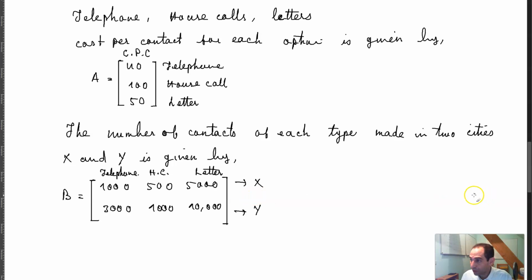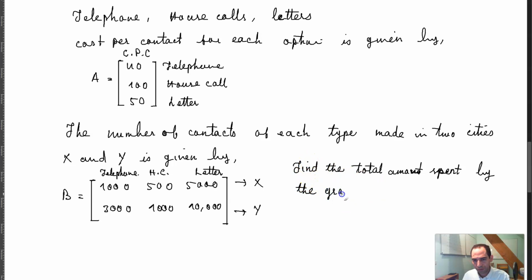So what you want to do is find the total amount spent by the group in the two cities X and Y. Basically, this matrix A is the cost per contact of each option: telephone, house call, and letter.